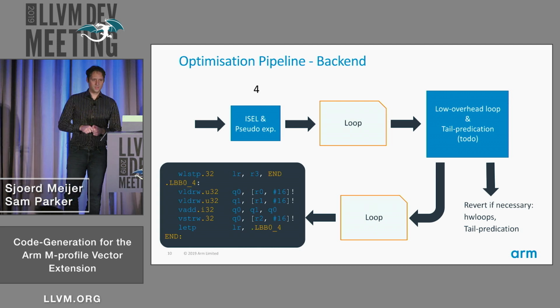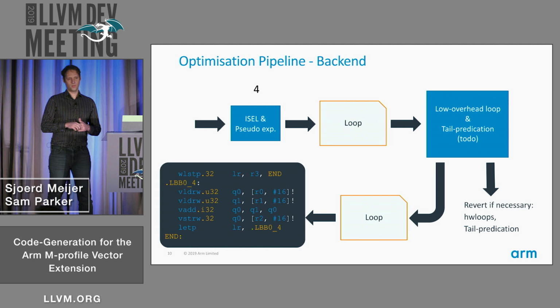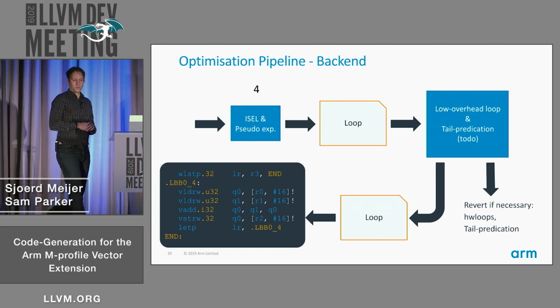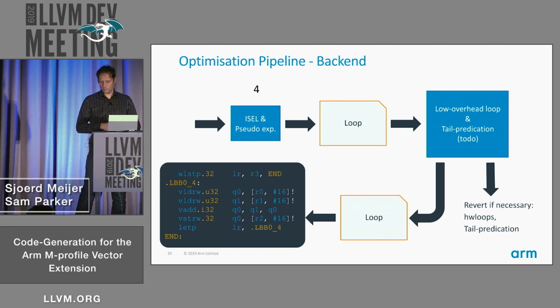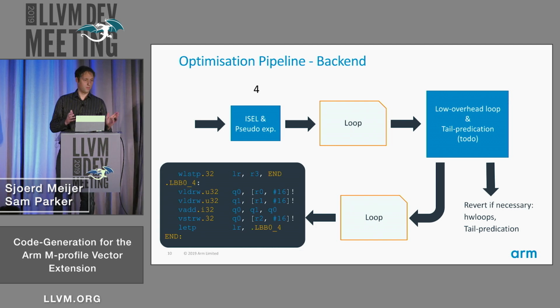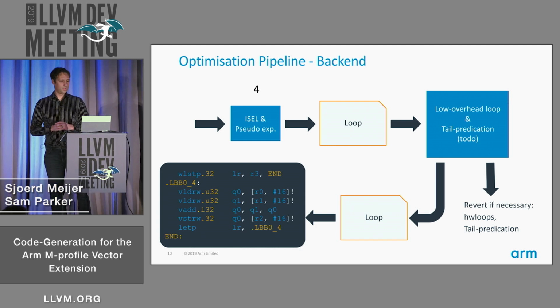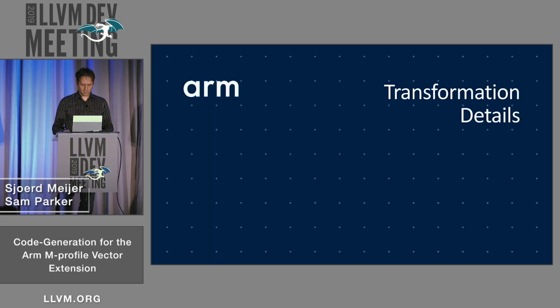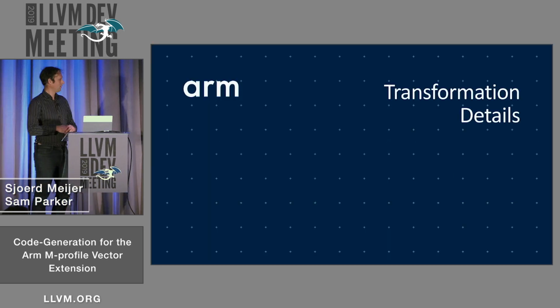We check if all these are met. If not, then we revert the changes. We go back to a normal non-hardware vector loop. But ideally, of course, if all restrictions are met, we can emit code. And this was an overview of our pipeline. Sam is going to go into details.